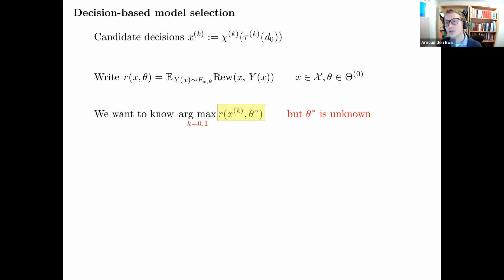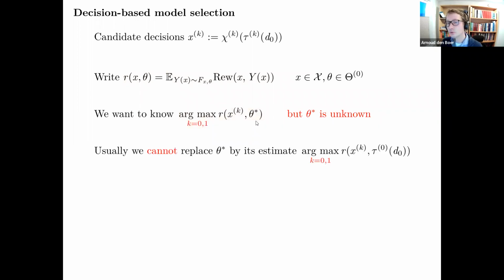Is then MNL still a better idea than mixed logit? Something like that. So we have these decisions. Well, R is my objective function for the most complicated model. Now, it depends on my decision, say my assortment and my estimate. Now, this is what we want to know. Which decision X-k maximizes the true reward? The problem, of course, is we don't know theta star.